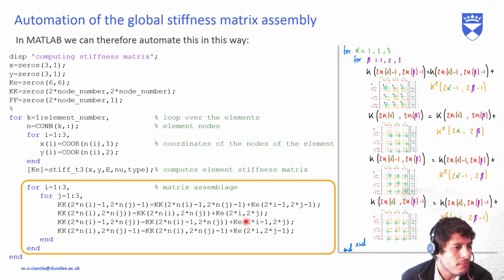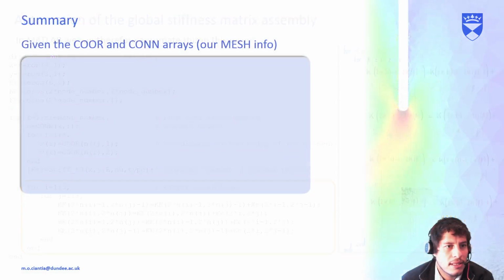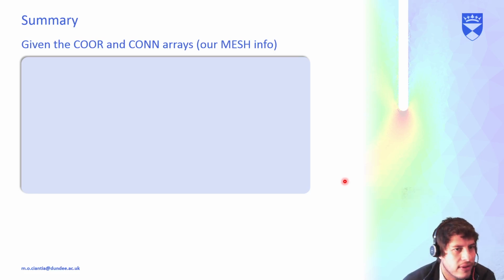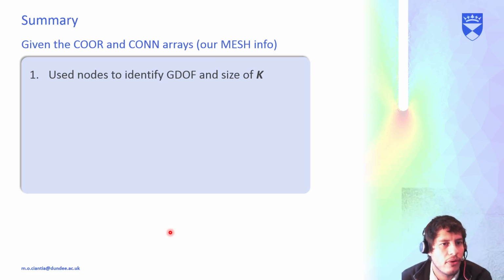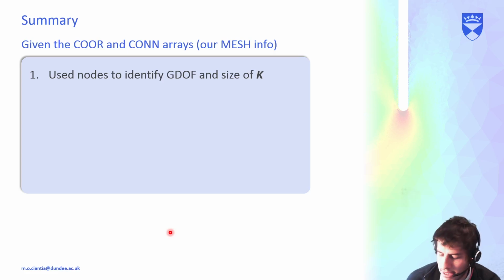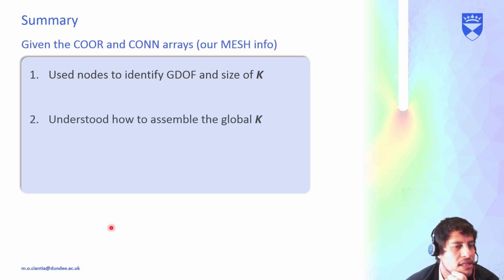Okay, so with this we're finished, in the sense that given the coordinates and the connectivity arrays, or our mesh info, we are now able to, using the nodes, identify the global degrees of freedom, the size of the stiffness matrix. And once we know the size, we also understood how to assemble it, so how to fill it using the element stiffness matrix components.